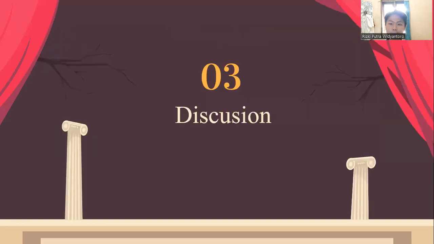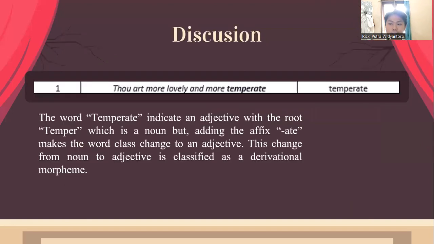Next is discussion. The word temperate is an adjective with the root temper, which is a noun, but adding the affix -ate makes the word class change to an adjective. This change from noun to adjective is classified as a derivational morpheme.